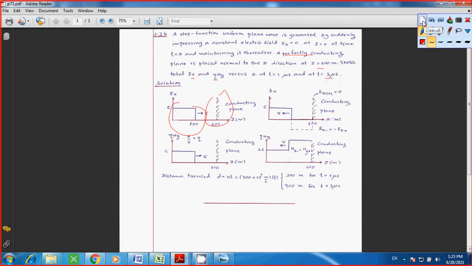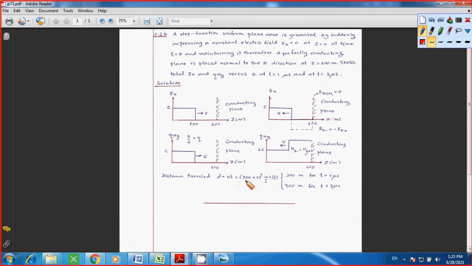As you plot the total EX and eta HY, you know that the distance d equal to v t, where v is the velocity of the wave.